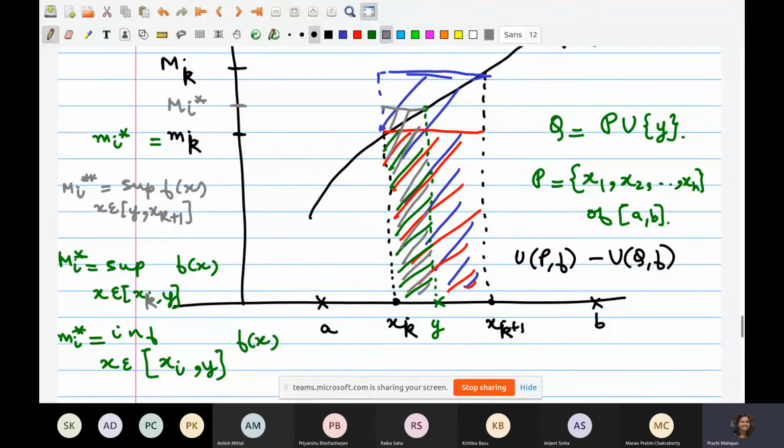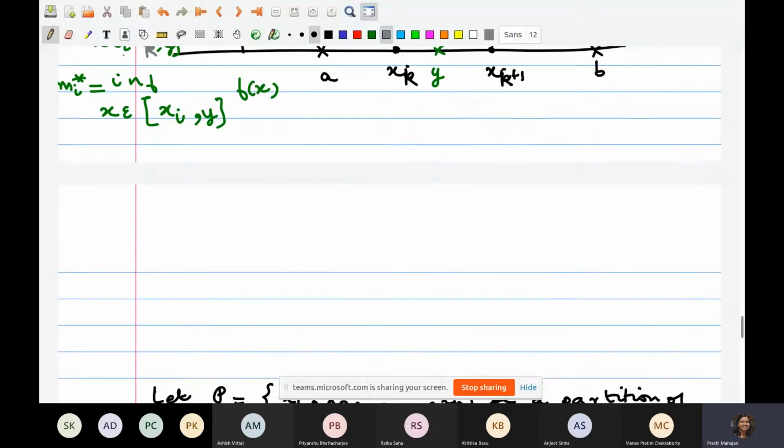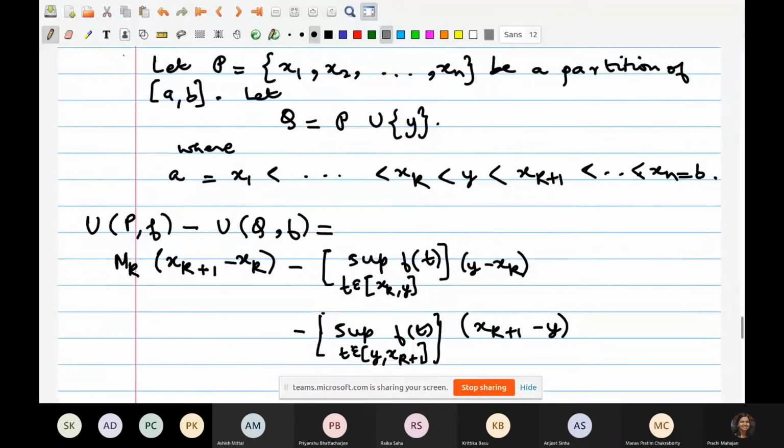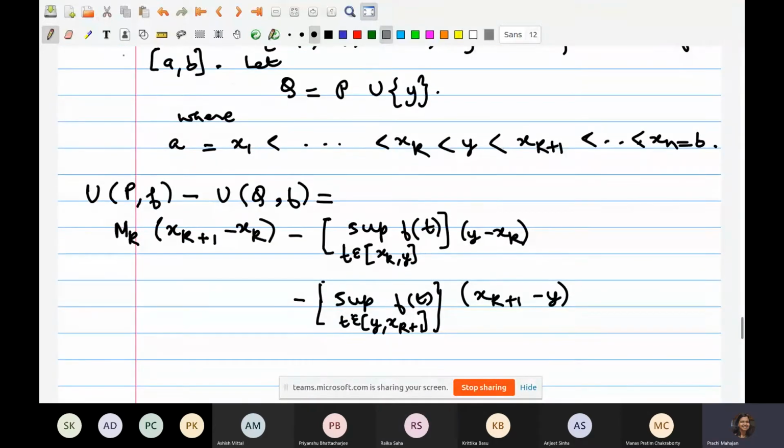And in this picture, what is mk double star? In this picture, this is mk double star. Is that correct? Is everybody with me? Yes, that's what I have written.